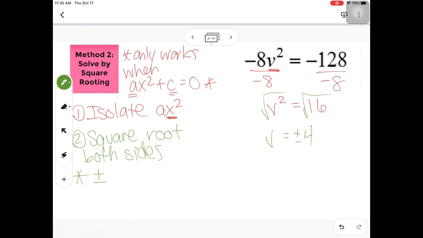The reason for that: if I plugged in 4 to this v squared, and I did 4 squared, that gives me 16. But if I plug in negative 4 and I square it, I also get 16. So there are 2 ways that I can square a number and get the answer of 16. So we have to show both of those here. But that's our final answer.